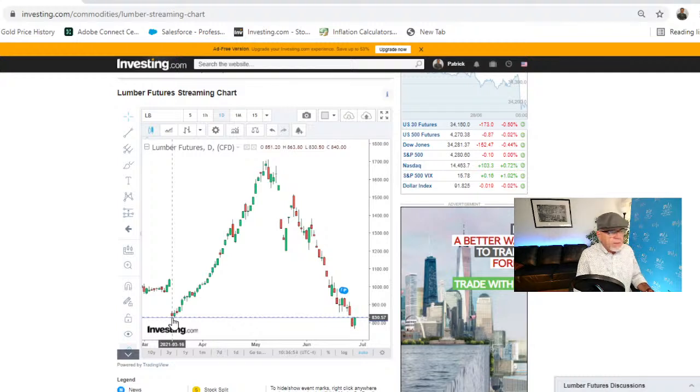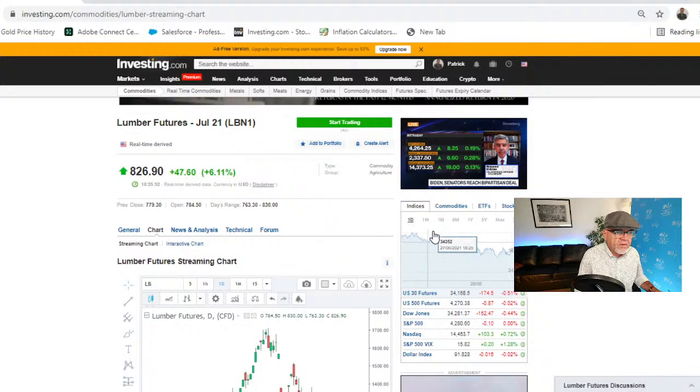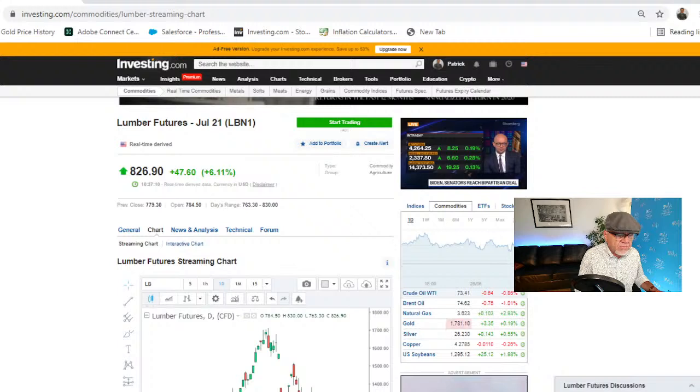So this is not inflationary, and therefore this translates into the cost factor built into construction, building homes, and hopefully we'll see a bit of a correction as well in real estate values.